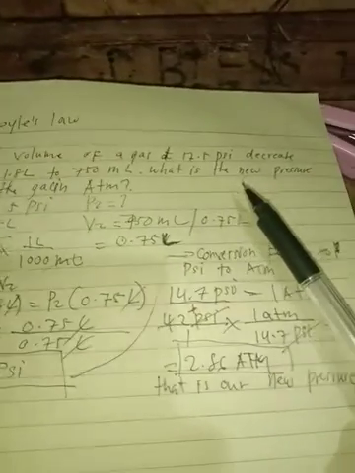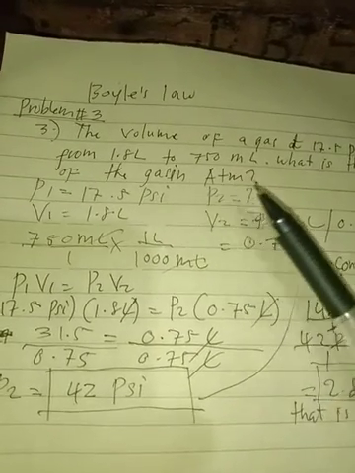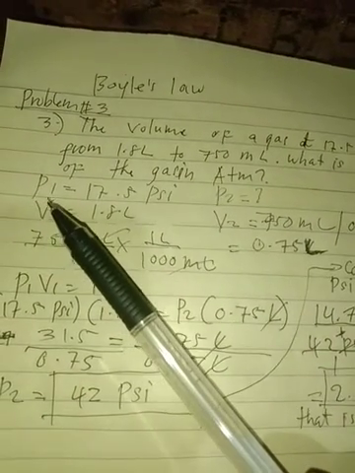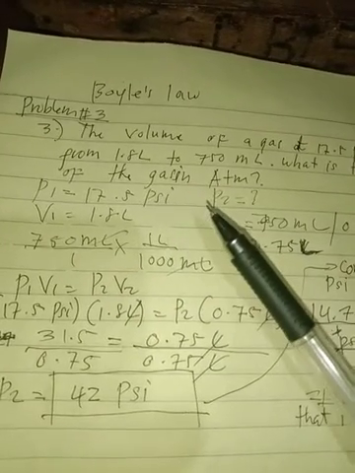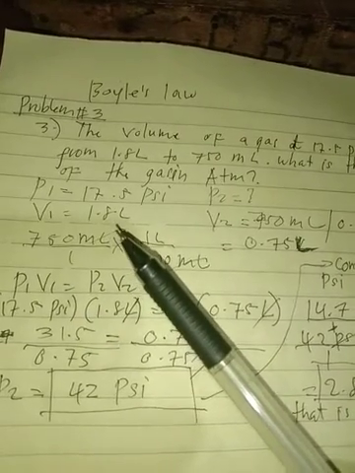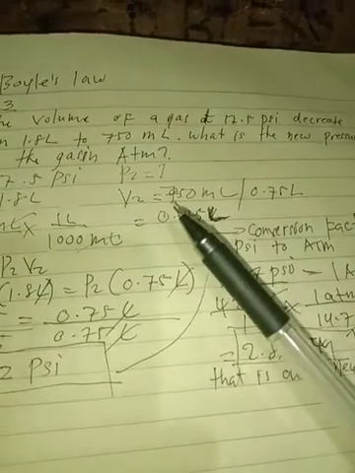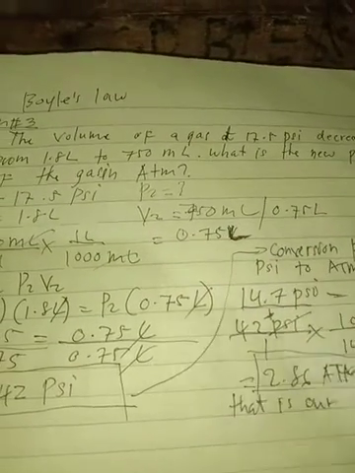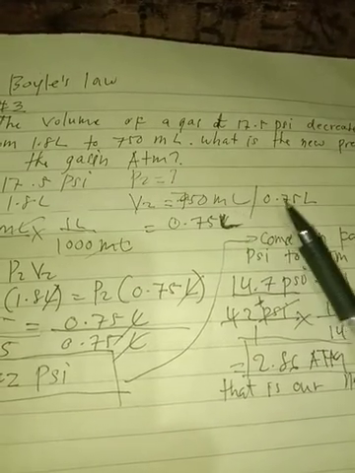So what is the new pressure of the gas in atm? So now we are going to find the value of P1 equals 17.5 psi. Our P2 is unknown. Our V1 is 1.8 liter. Our V2 is 750 ml.